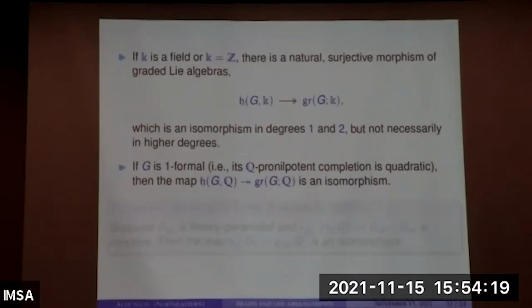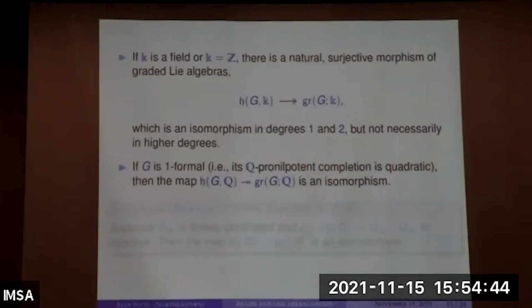Basically, out of a group, we can form its unipotent completion, also called the Malcev Lie algebra construction, done by Quillen, but it goes back to Malcev. This is a filtered Lie algebra, with an associated graded algebra of the group.